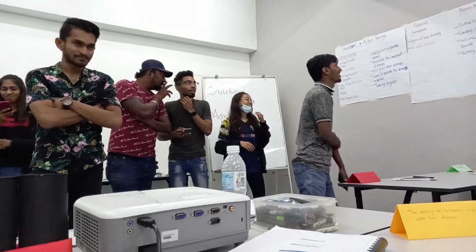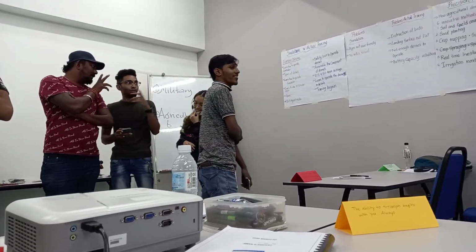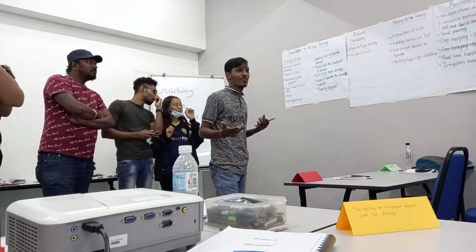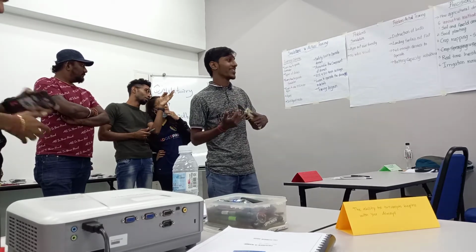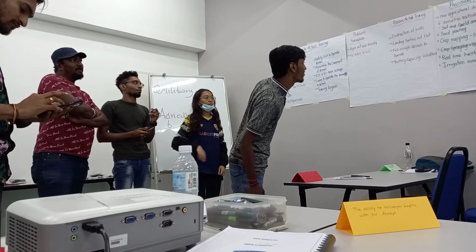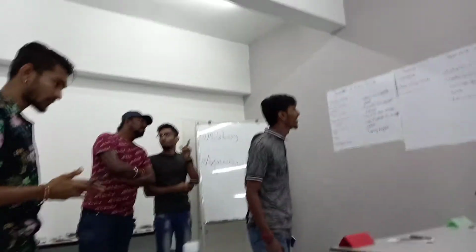The third point is drone mapping and survey. Normally, drones are used for mapping surveys, for example to survey the animals, enemies, like that. And the fourth point is crop spraying and pond spraying.